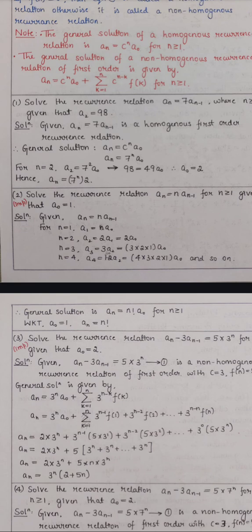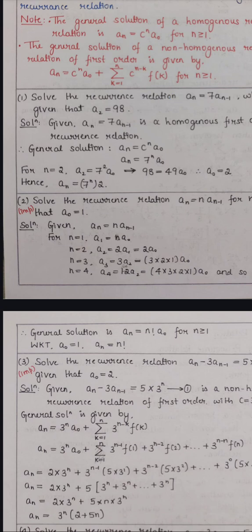General solution a_n equals c^n a_0. Here 7 is the constant.